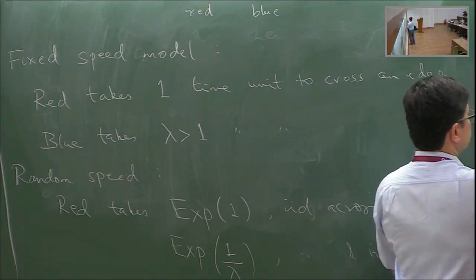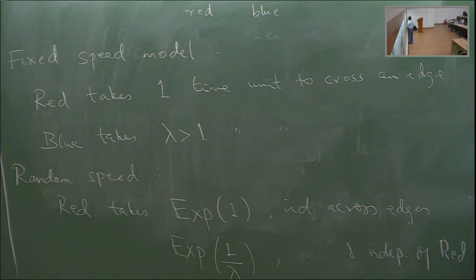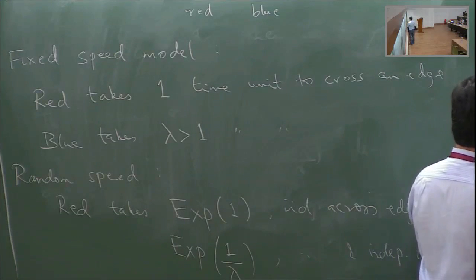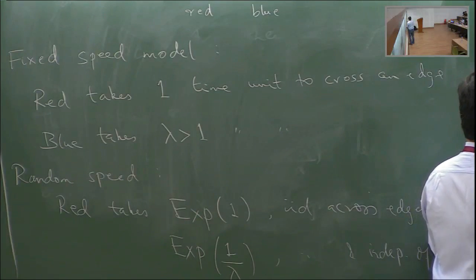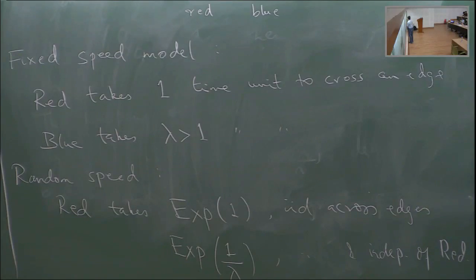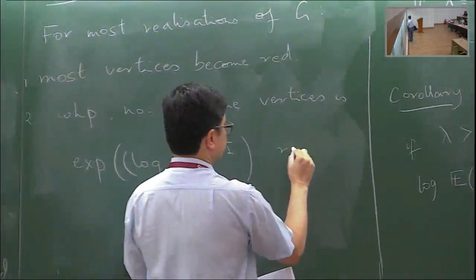And with high probability, the number of blue vertices is exponential of log n to the 2 over lambda plus 1 times some random variable.